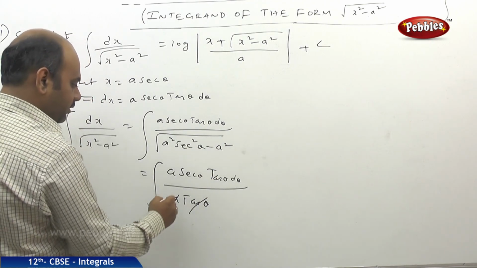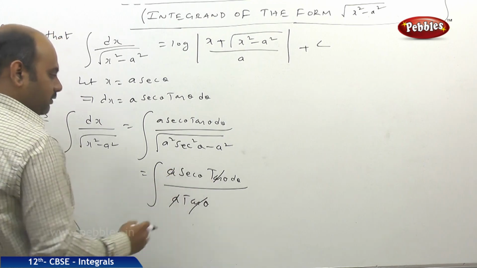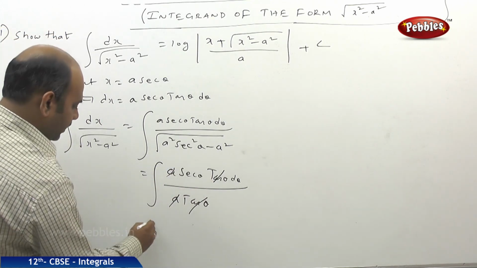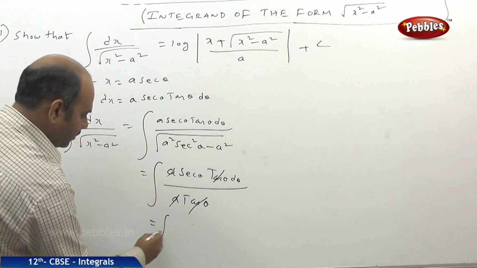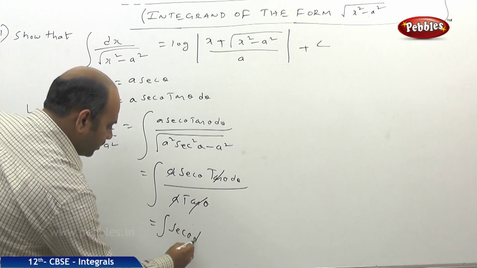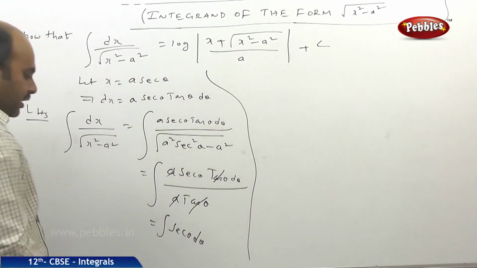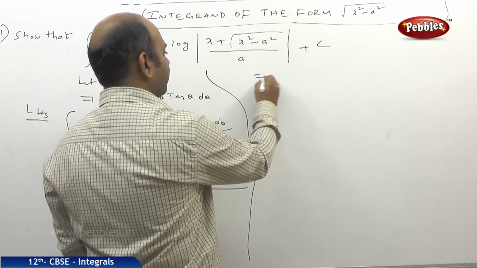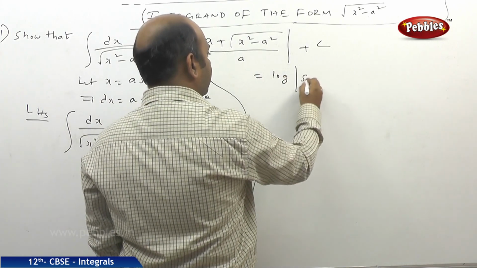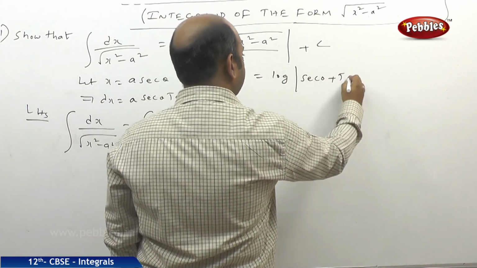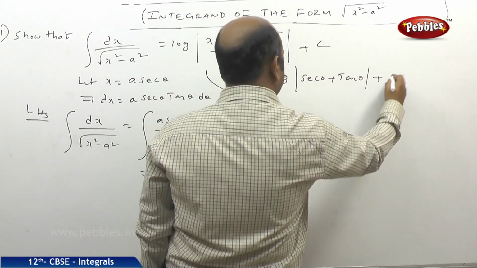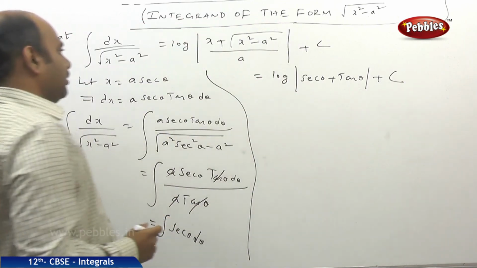So a will be getting cancelled, tan theta will be getting cancelled. Finally there remains integral of secant theta d theta. And integral of secant theta means log mod secant theta plus tan theta plus c.